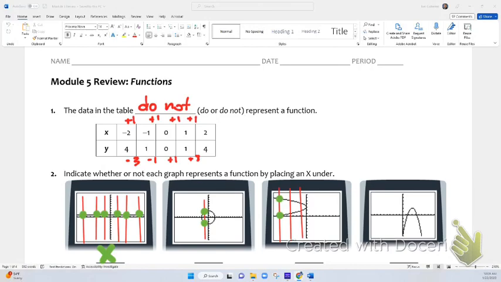That means it is not a function. If I go to the last one, it only hits it in one spot as I draw a line going vertically, which means up and down. So because of that, the only ones that are functions are the first and the last graph.